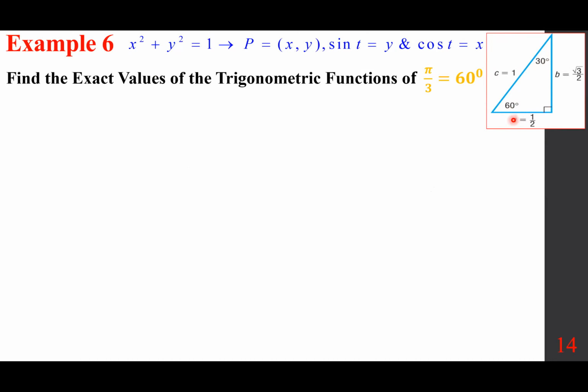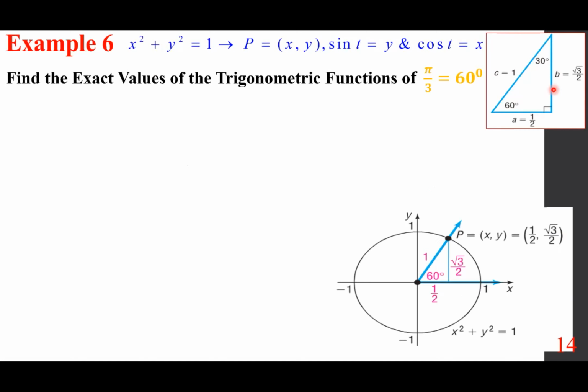We have this side as 1, this side as 1/2, this side as square root of 3 over 2, and therefore, if we go with a unit circle, we can say that the x coordinate is 1/2, the y coordinate is square root of 3 over 2, and of course, we had chosen the hypotenuse to be 1 to fit inside the unit circle. Obviously you can check, if you square these numbers and add them up, you do get 1. And now we are ready to look at the answers.